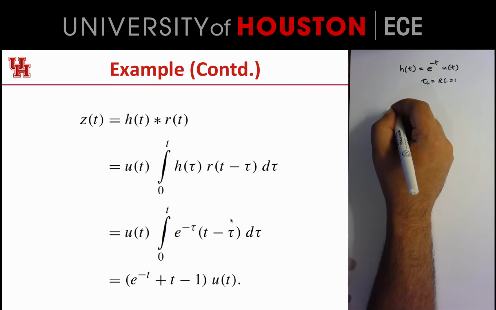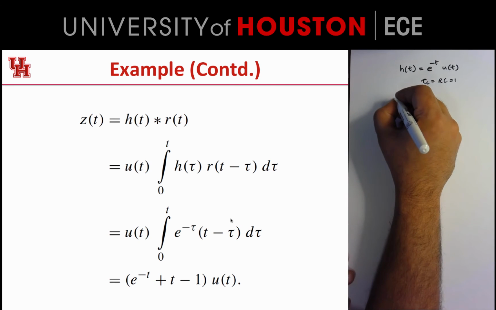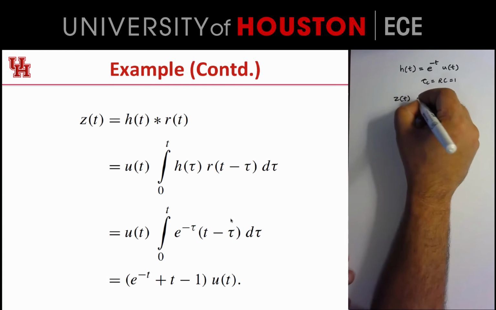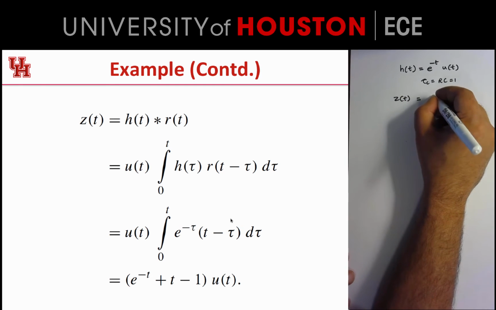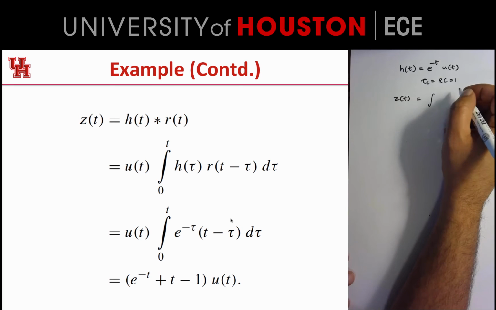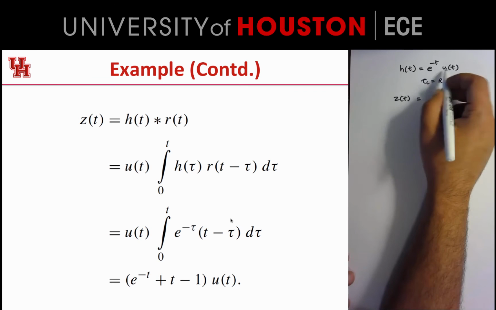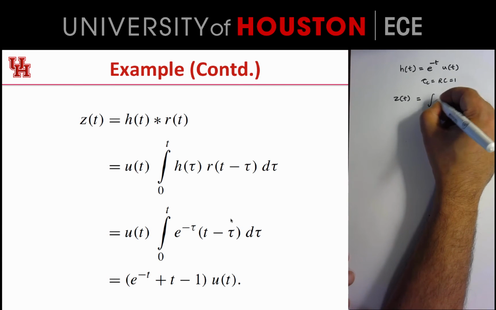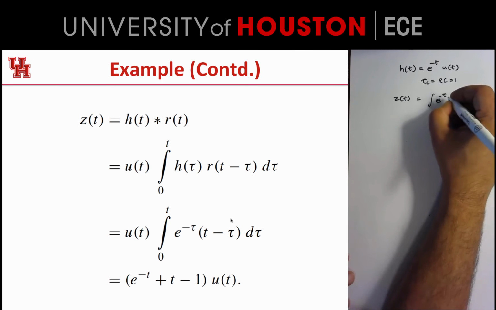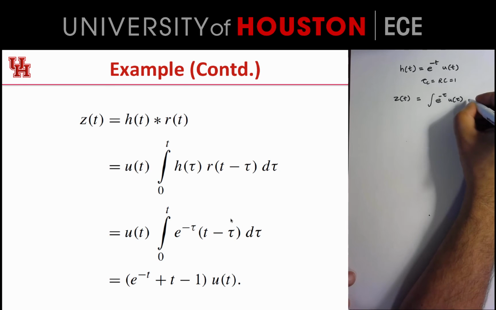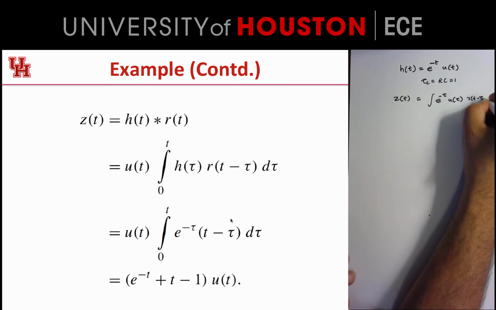So our convolution integral, z of t, is given by the integral of the impulse response, h of tau, which is e to the minus tau u of tau, with the ramp signal, which is r of t minus tau d tau.